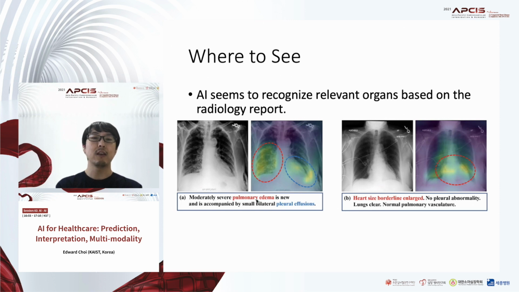Here you can see this pulmonary edema, which is a medical term that the model has no knowledge about, but after looking at hundreds of thousands of images and radiology reports, the model is now able to recognize that pulmonary edema is right here, and pleural effusion is right here. So it's able to link the information between the textual world and the pixel world simply by looking at hundreds of thousands of images, which is pretty impressive. Because I for one didn't inject any domain knowledge before training, so it was all data driven.